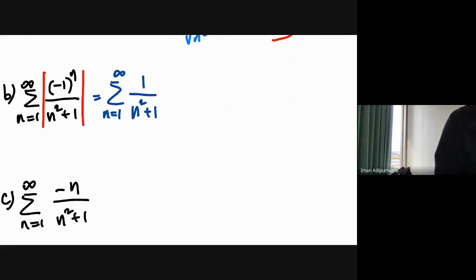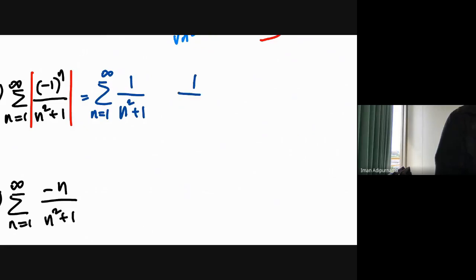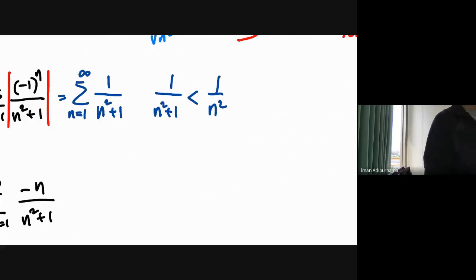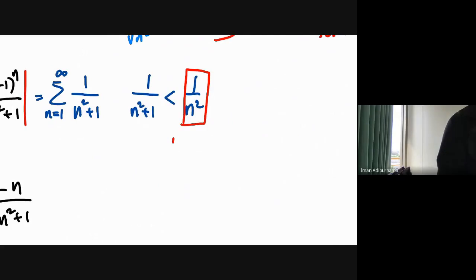And we can look at this 1 over n squared. This is a p-series, right? With p greater than 1, so this converges.